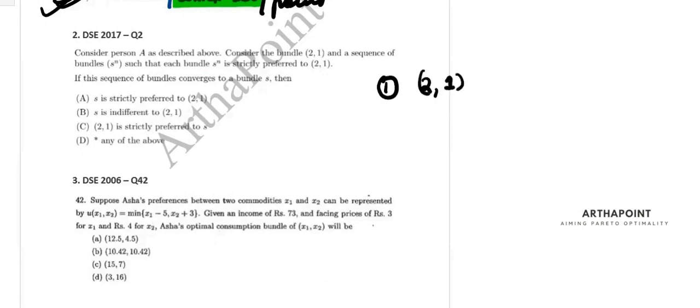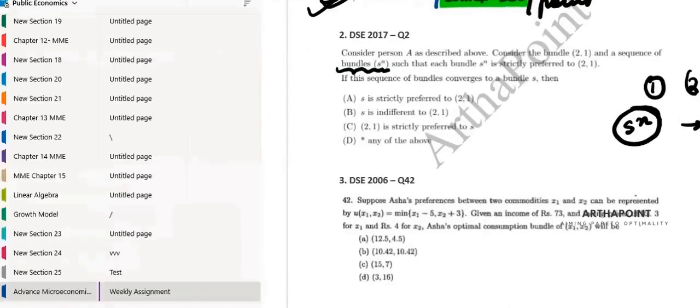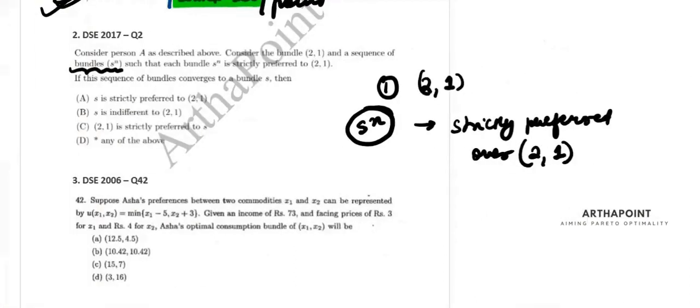Whenever I create a sequence of bundles Sn, whatever the sequence is, this sequence is strictly preferred over 2, 1. In order to create this, you can refer to sequences and series.